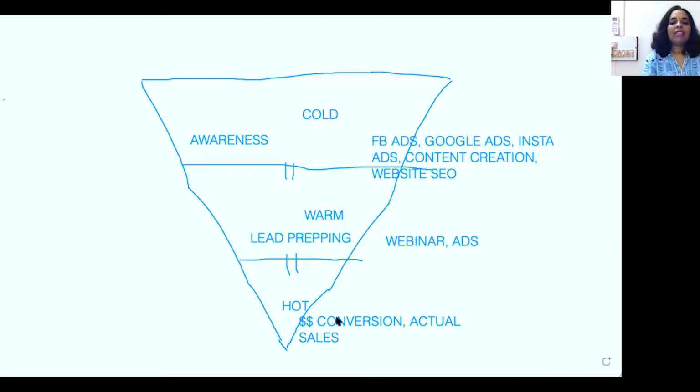Now, the last phase is, of course, your actual sales, and that is what most of us are interested in, wherein we talk about money, right? But in this specific phase, most of the real estate agents or the people working in real estate try to close, and close, but they don't think about the next steps.